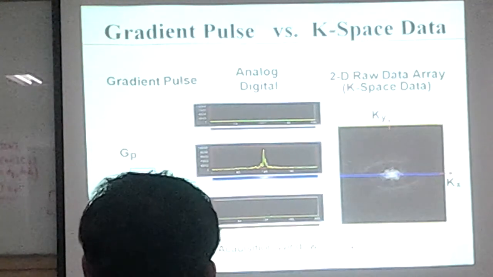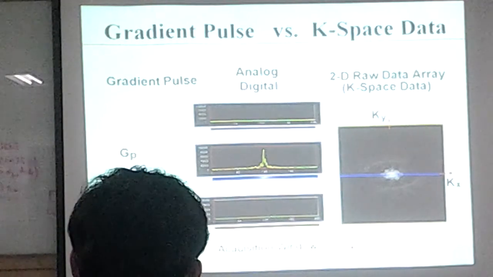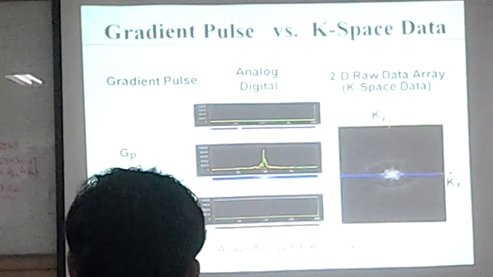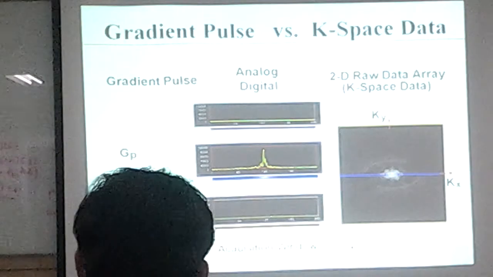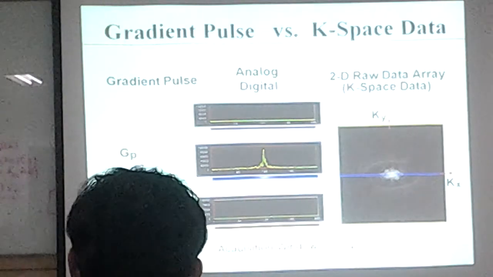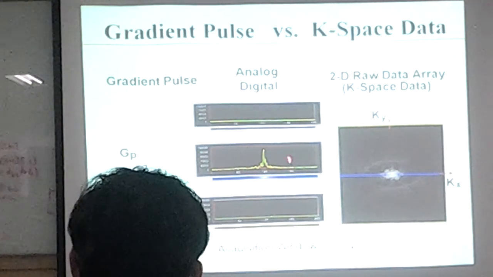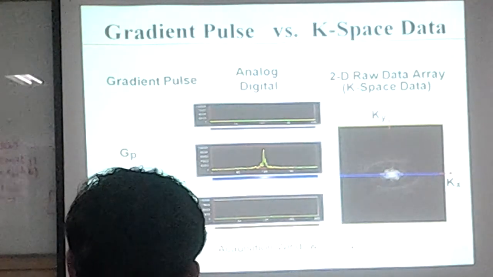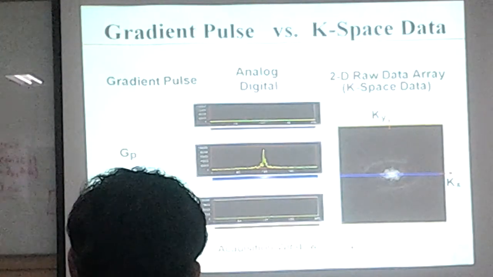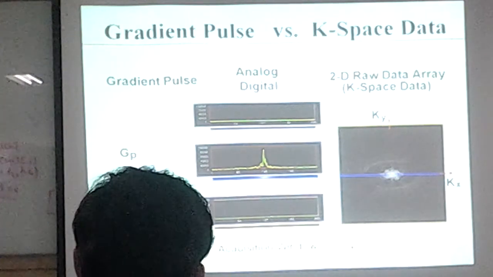This slide shows the relationship between the MRI signal and the phase encoding gradient. For the zero phase encoding gradient, we get the maximum signal, and according to the strength of the phase encoding gradient, the signal reduces.